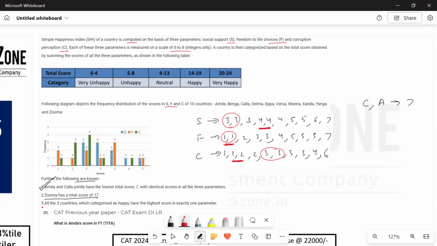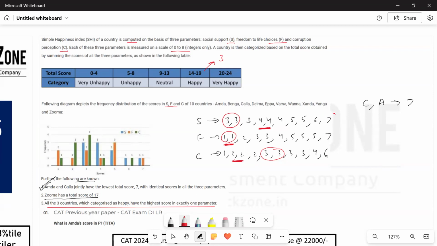Now, if we look at the third condition, all the three countries categorized as happy. Okay, so there are three countries which are categorized as happy, having a total score between 14 and 19, and each has the highest score in exactly one parameter.